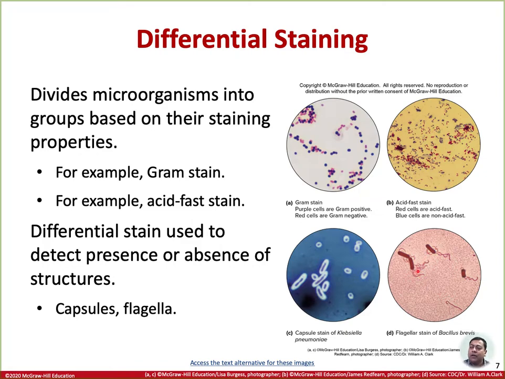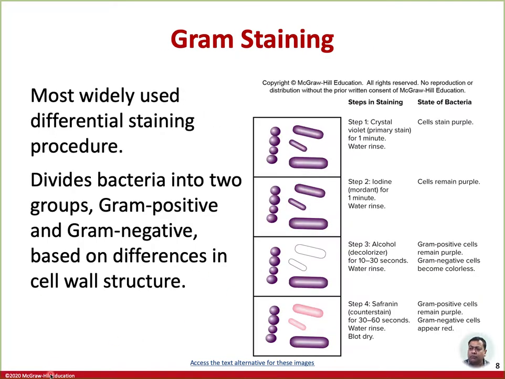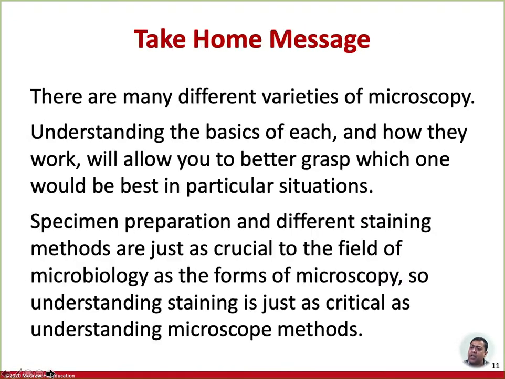So that's what is being shown here. You have a special type of stain used for the flagella, as well as a special type of stain used for the bacterial cells themselves. So these are the different types of dyes, or the differential staining, that we have used.